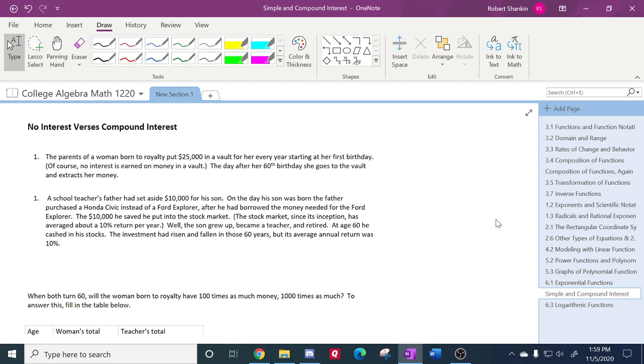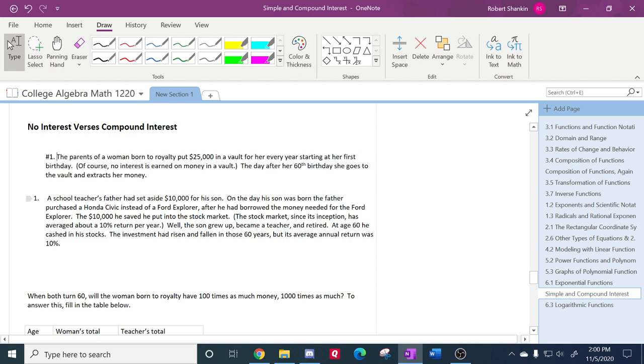Of course, no interest is earned on money in a vault. The day after her 60th birthday, she goes to the vault and extracts her money. How nice it would be to be born into royalty and have $25,000 put in a vault for you every year. By the time she's 60, she's going to be pretty well off.